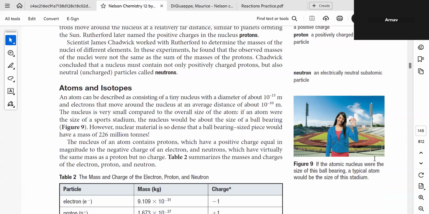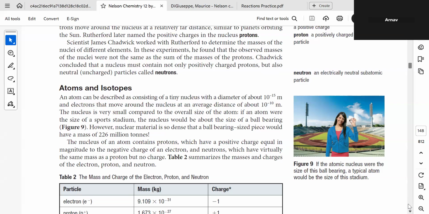Yeah, football, like American football. Okay. So now this ball bearing is the nucleus. And the stadium behind her is the size of that atom containing this nucleus.